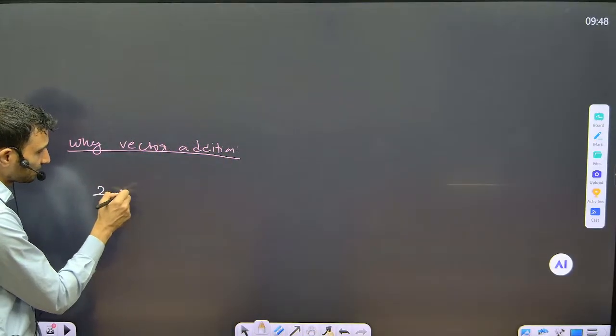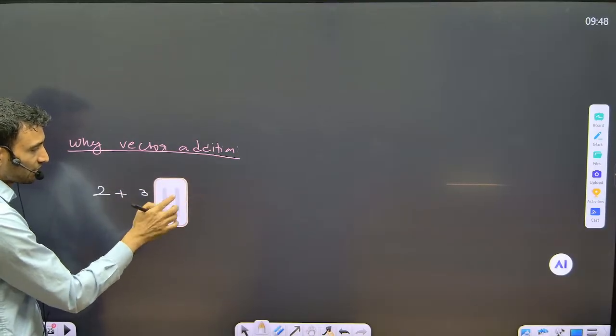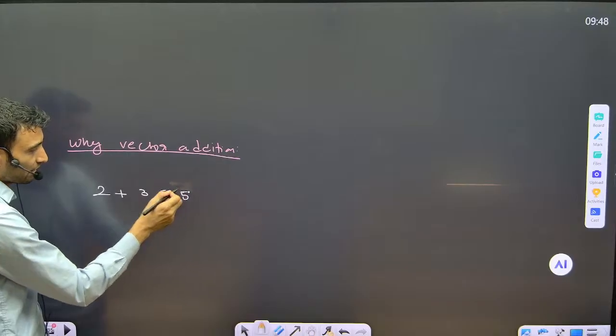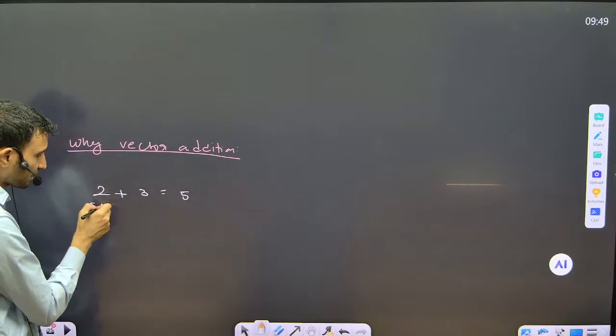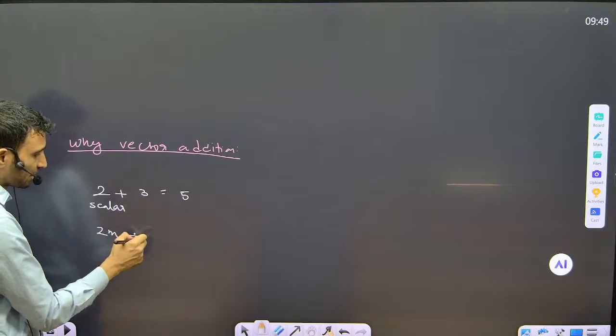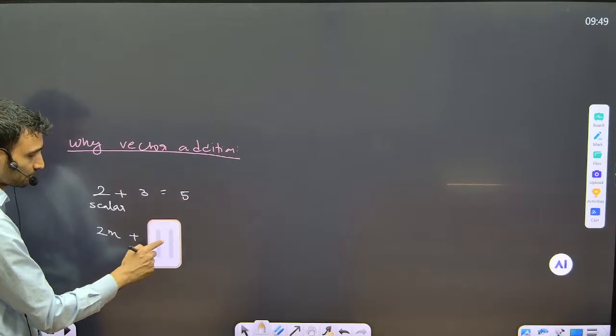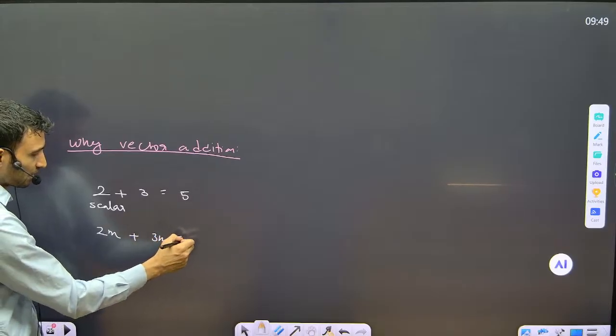What is 2 and 3? 5. We know that. What type of addition is this, guys? Is it scalar addition or vector addition? These are scalar quantities, right? Scalar. Similarly, 2 meter plus 3 meter is equal to 5 meters.